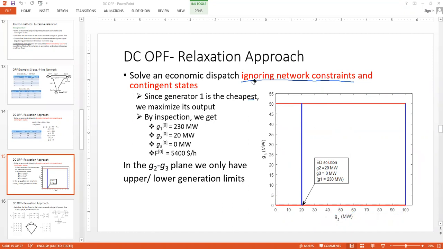By that, I mean what is the generation for each generating unit and what is the associated cost. As I said earlier, if I decide to take G2, G3, and G1, let's say all three generating units are participating, because remember, we are not solving the unit commitment problem here.